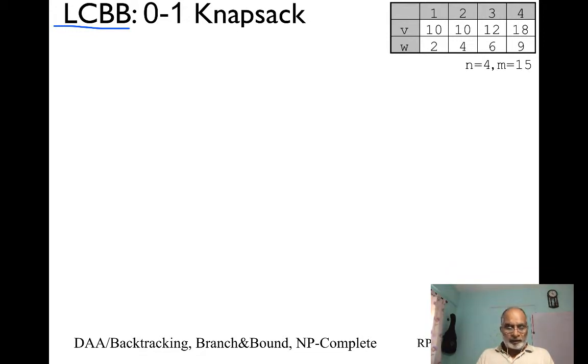On the right side you can see our costs. So 4 elements, weights are 2, 4, 6 and 9. Their respective values are 10, 10, 12, 18, and the knapsack capacity is 15. So we start with node 1, and how do we compute Cx?